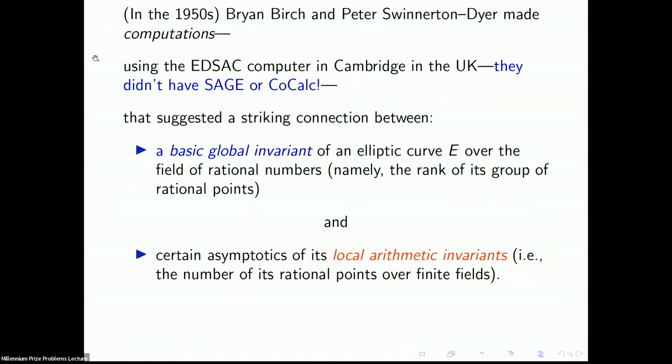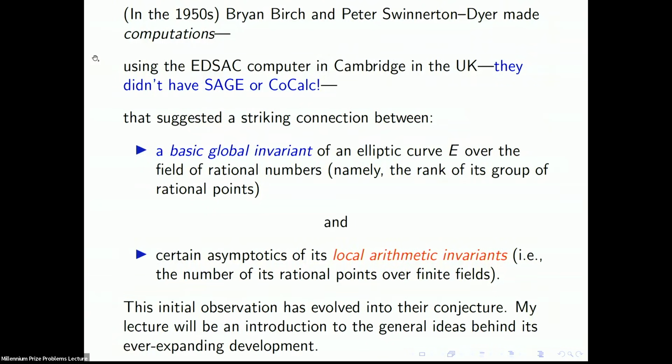And they had the wisdom in the 1950s to use the EDSAC computer in Cambridge to make computations which suggested a striking connection between a basic global arithmetic invariant of an elliptic curve defined over the field of rational numbers, that is, say, the rank of its group of rational points, and something that seems somewhat different, certain asymptotics of its local arithmetic invariants, the number of its rational points over a finite field. And this initial observation evolved into their conjecture.